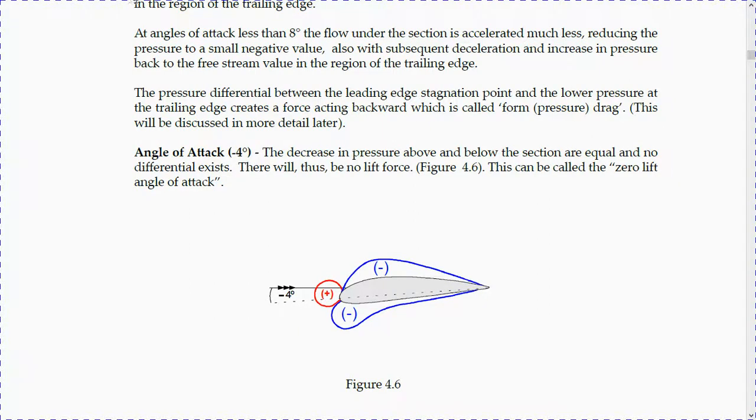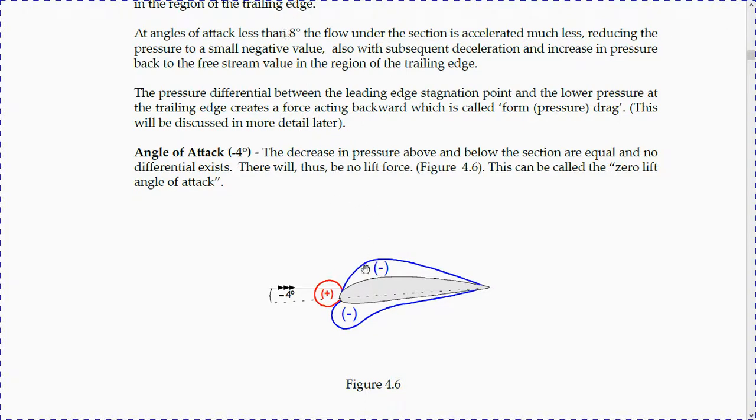At angles of attack less than 8 degrees, the flow under the section is accelerated much less, reducing the pressure to a small negative value. So there is low pressure here, it's accelerated as well, but it will be less.